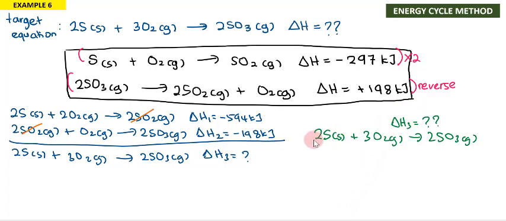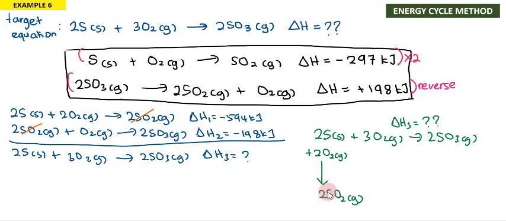From here, I have 2 moles of sulfur solid. In the first equation, my sulfur solid is reacted with 2 moles of oxygen gas, so I'll add the 2 moles of oxygen gas below my sulfur solid. So 2 moles of sulfur solid plus 2 moles of oxygen gas will produce 2 moles of sulfur dioxide gas.